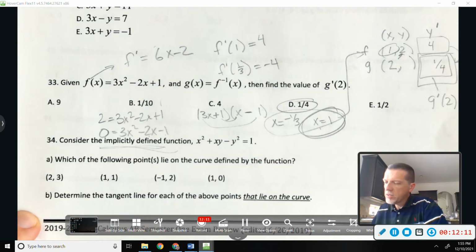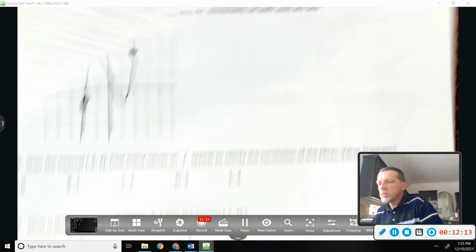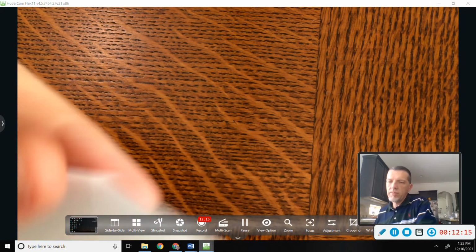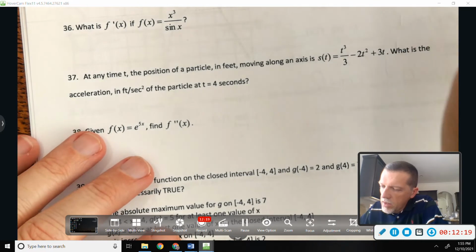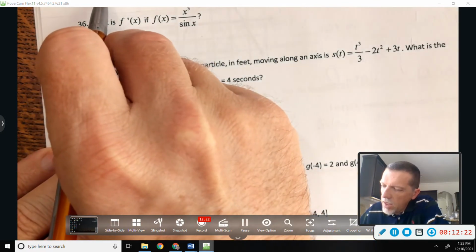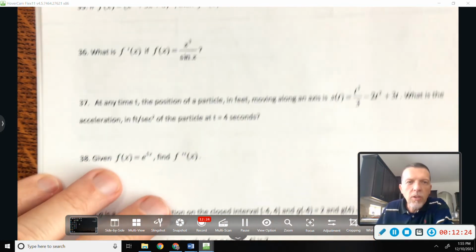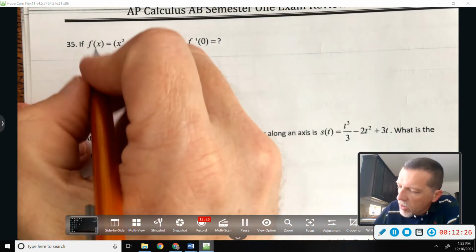Implicit function, product rule, so on. Let's see. Oh, that's pretty straightforward. For 35, f prime of 0.